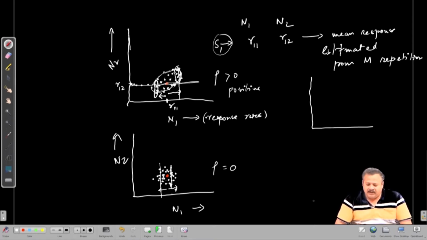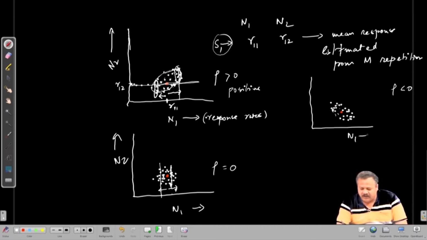Now you can think of the remaining case where we have negative rho. If the mean response again is here, R11 and R12, then the scatter around that red dot is elliptical but sloping downwards towards the right. So, this is our N1 response and this is our N2 response.